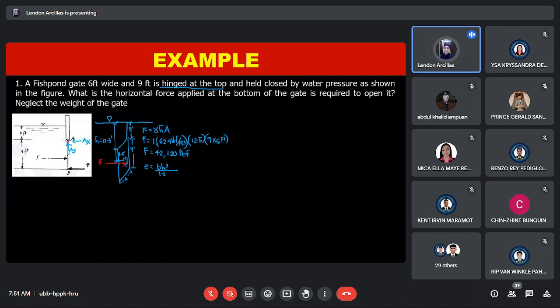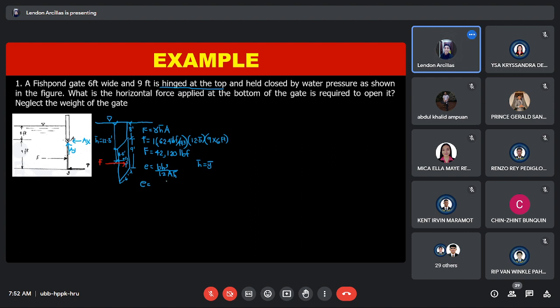Since this is vertically submerged, H bar is equal to Y bar. Since hindi siya naka-inclined, okay? Same lang yung value ng H bar tsaka Y bar. So, ito yung original formula natin, di ba? So, pwede ko siyang itaas since that is equivalent lang naman, area times H bar. Okay? So, tinaas ko lang yung area times H bar.